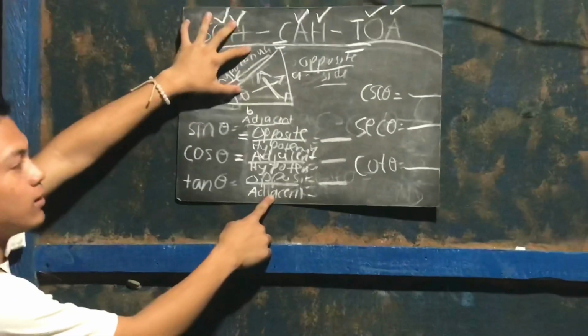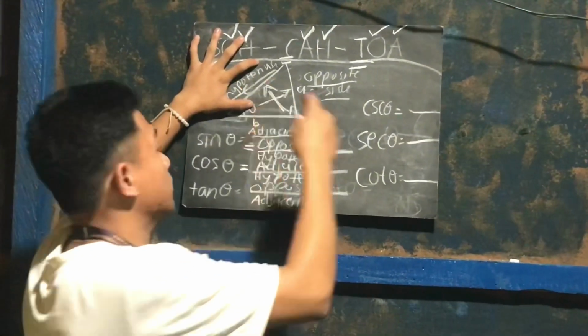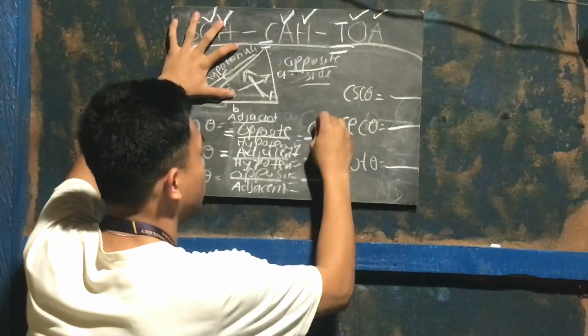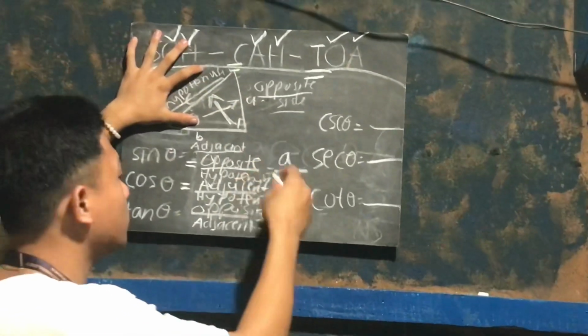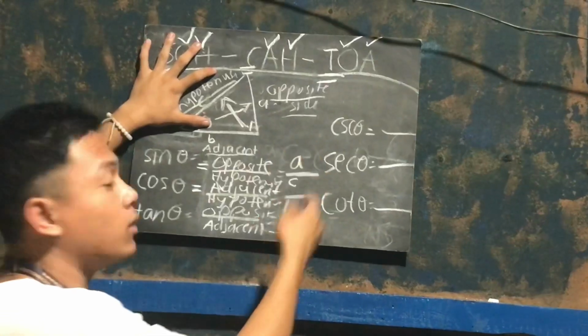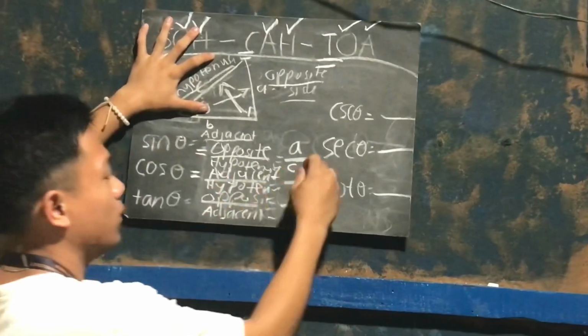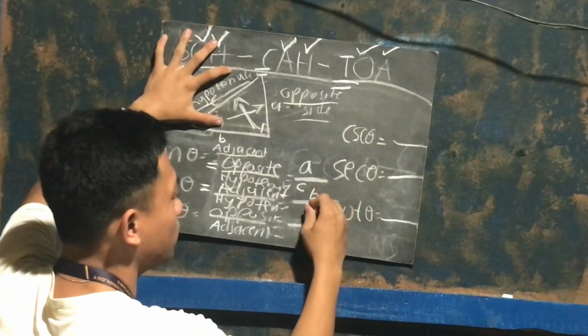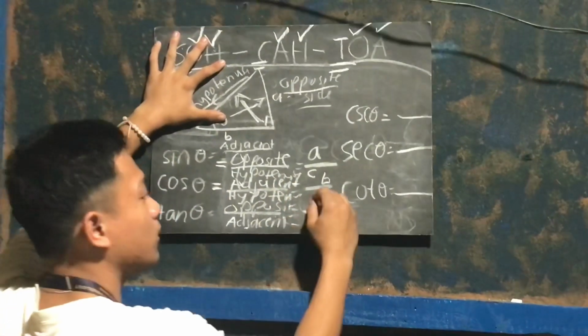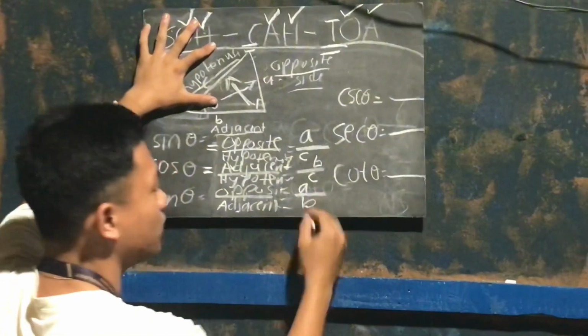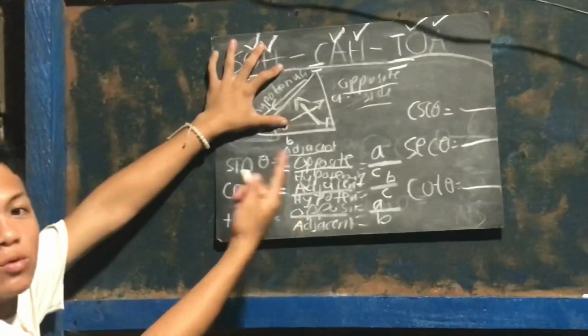So that's the sine: A over C, because A is opposite and C is hypotenuse. Following that, B is adjacent over C, hypotenuse, and tan is A over B.